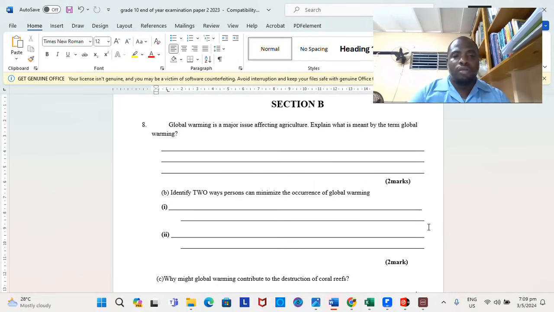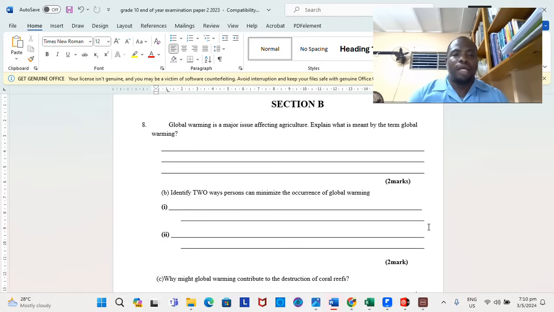Now remember, when the sun's rays enter the earth, some of it is reflected back into space. Now the greenhouse gases, when we emit them, naturally warm the earth, and that's how we're basically kept warm. The problem is we may now have too much.